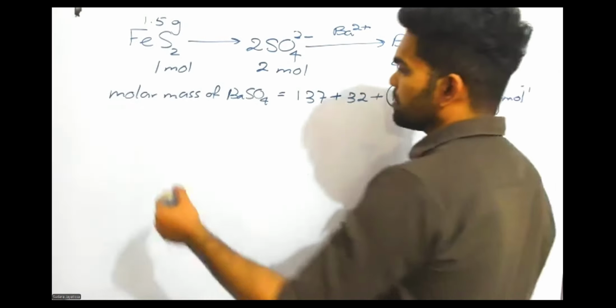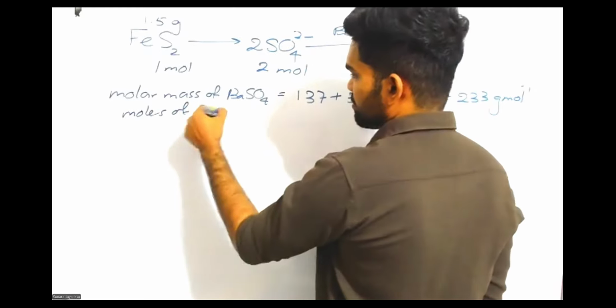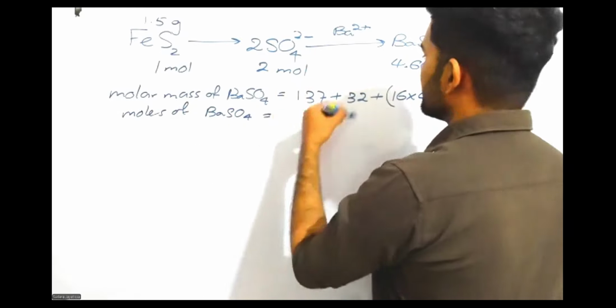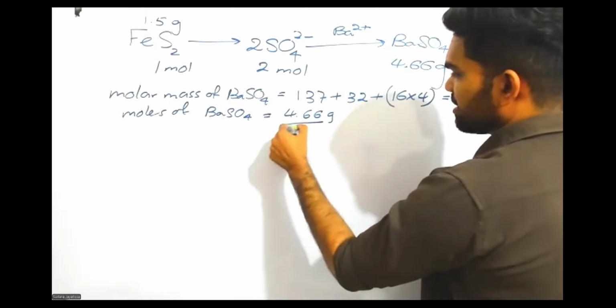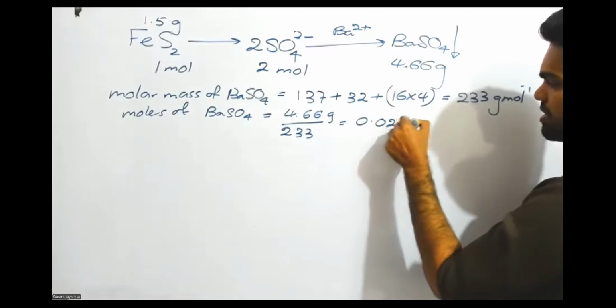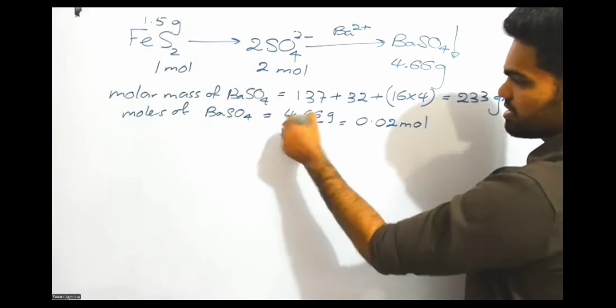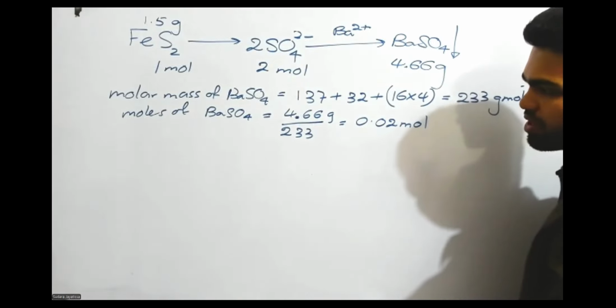Then you need to find the moles of BaSO4. Simply divide 4.66 grams by 233, and you will get 0.02 moles. It's exactly divisible, see? Exactly 2 times, so 0.02 moles.